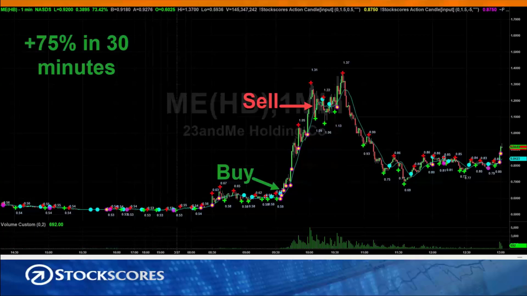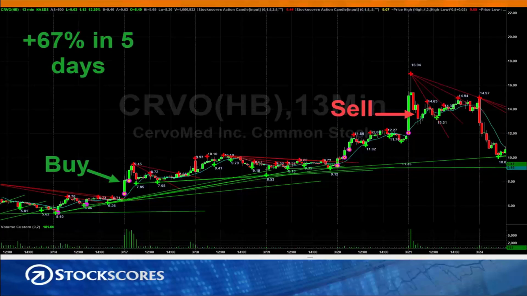So that's day trading. Some of you may be more interested in swing trading. Perhaps you can't devote as much time to the market as a day trader would. In that case, if you can monitor the market in the opening hour, which is when most swing trade candidates come up, and then maybe monitor your holdings through a cell phone or your computer through the day, but you don't have to monitor them that closely, taking a look every 10 or 15 minutes perhaps, then you can swing trade.